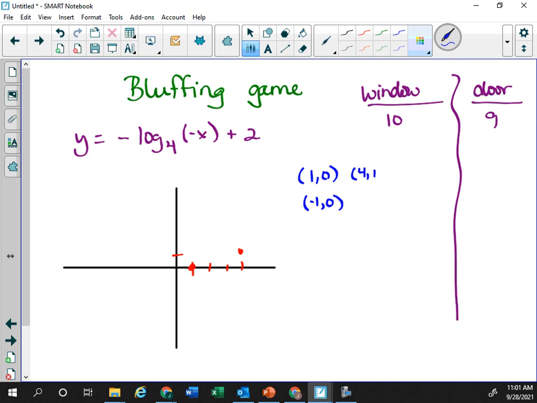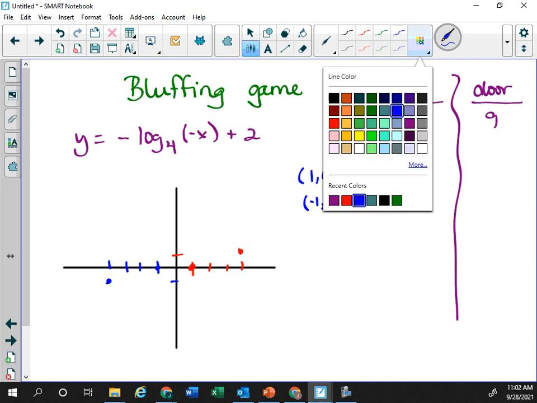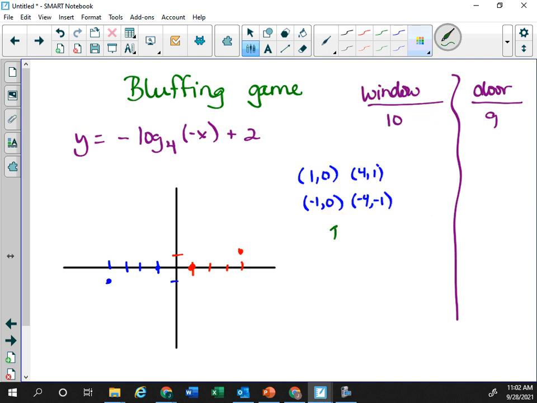And 4, 1 becomes negative 4, negative 1. Okay, so we're over here, and then we get to shift everything up. And your vertical asymptote, there was no horizontal shift, so it's still just at x equals 0. You just flipped over it. Okay. All right.